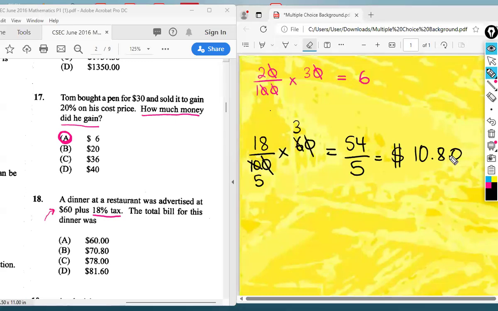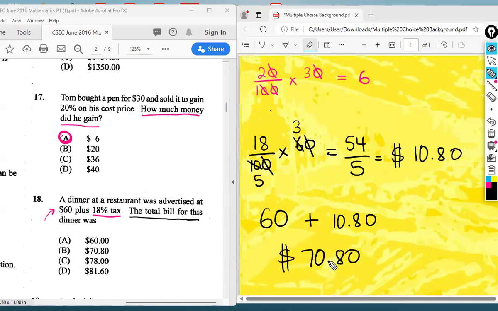But that's not the full answer, right? Because they're asking what's the total bill. Remember, you have to pay that $60 and this annoying tax on it after. So your bill comes up to $70.80, right?